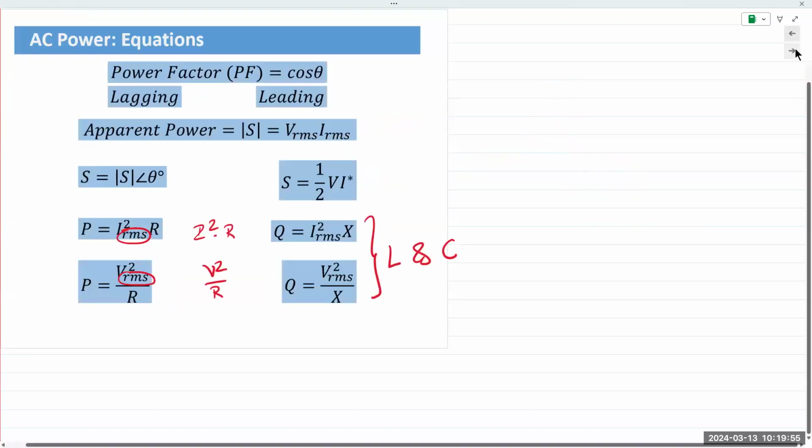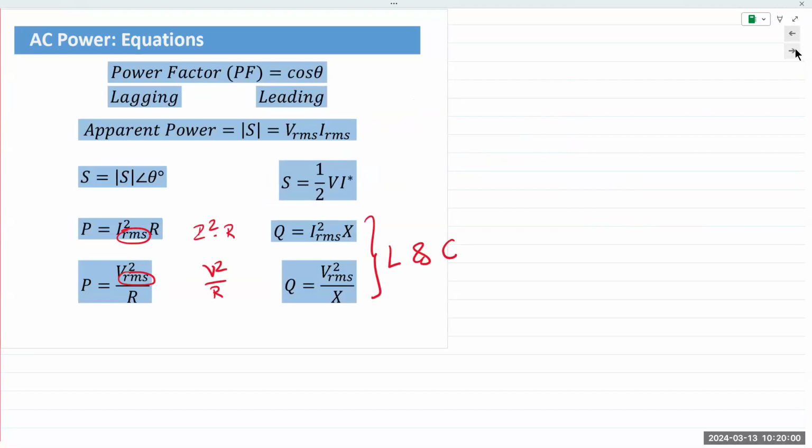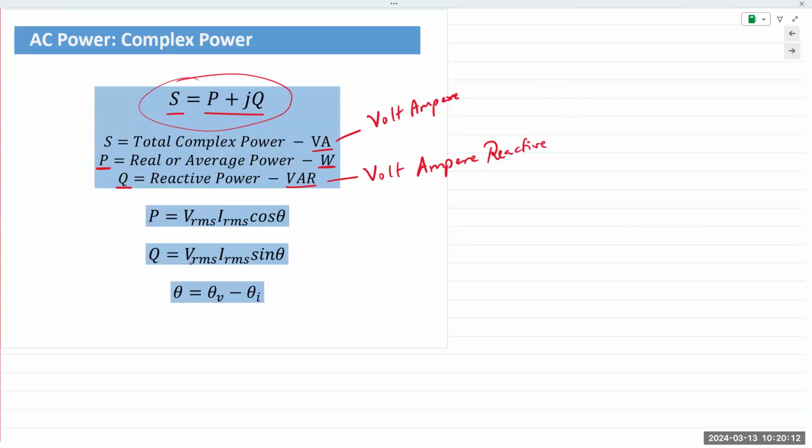Since complex power S is a complex quantity, it has magnitude as well as phase. So S can be described as the magnitude of S with a phase angle theta. This theta is also the power angle, which we looked at in this slide right here. I didn't list all of the equations on one slide because it gets too confusing, so I might have to skip back and forth because they're all related.